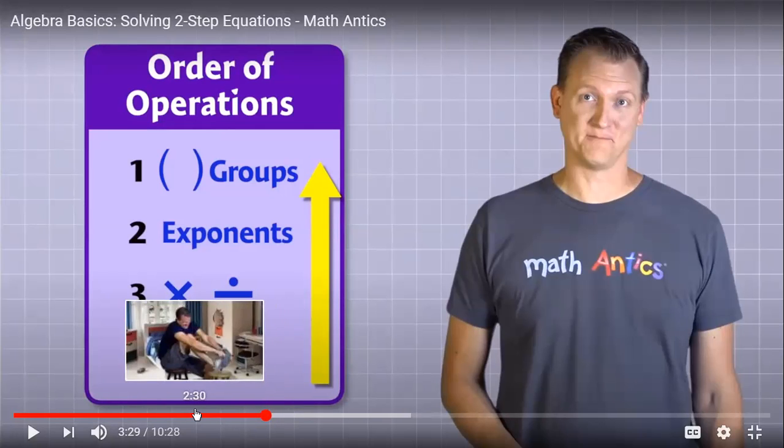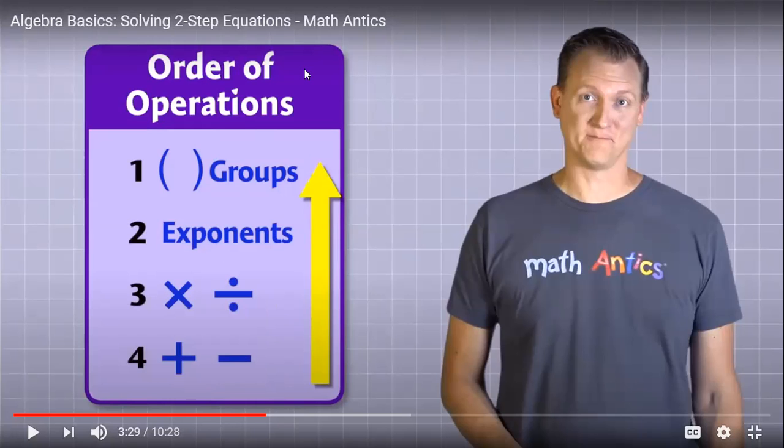This picture right here? His shoe's too big. Yeah. So when we put our shoes on, we put our socks on and then our shoes. But when we take our shoes off, we have to take off our shoe before we can take off our sock, correct? Yes. Yeah, it's a process, okay?